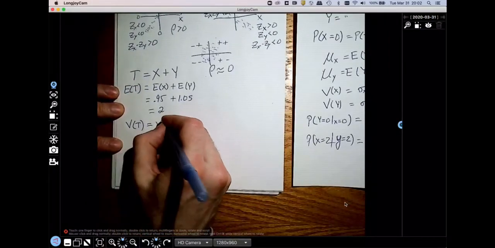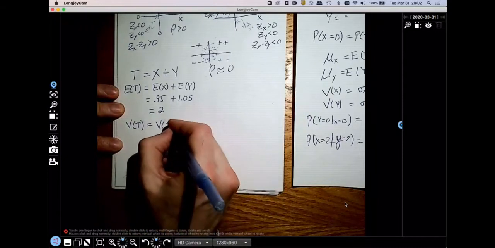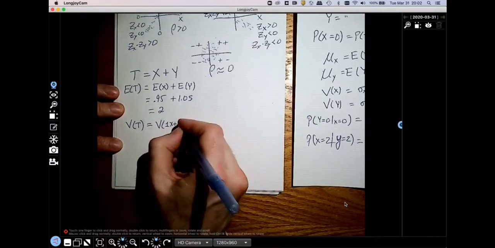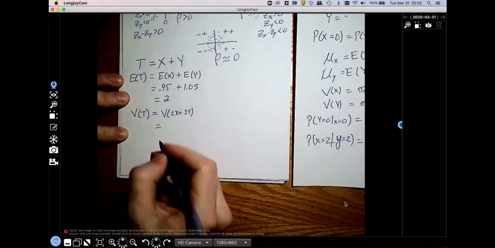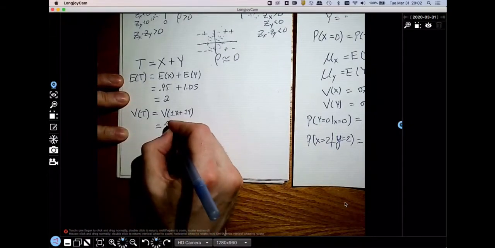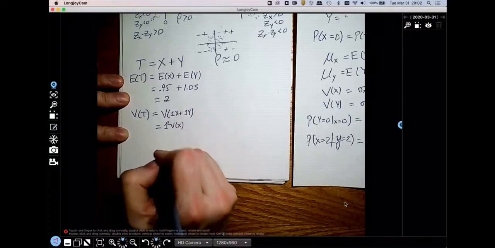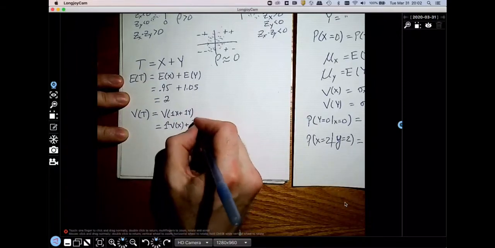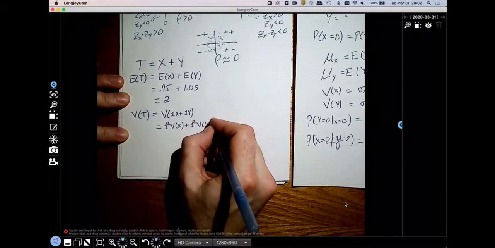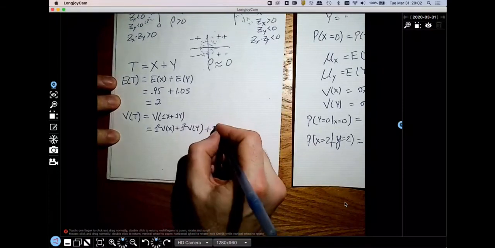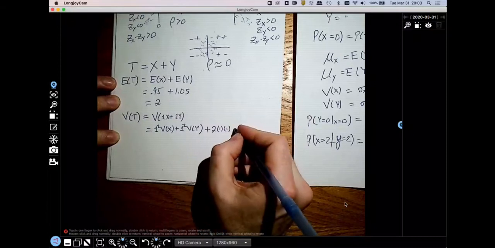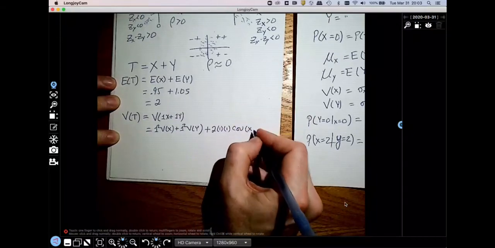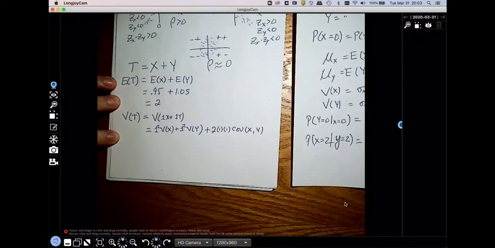So let's go find that number. So this would be the variance of, we can think of this as 1x plus 1y. And this is just equal to 1 squared times the variance of x plus 1 squared times the variance of y plus 2 times 1 times 1 times the covariance between x and y.